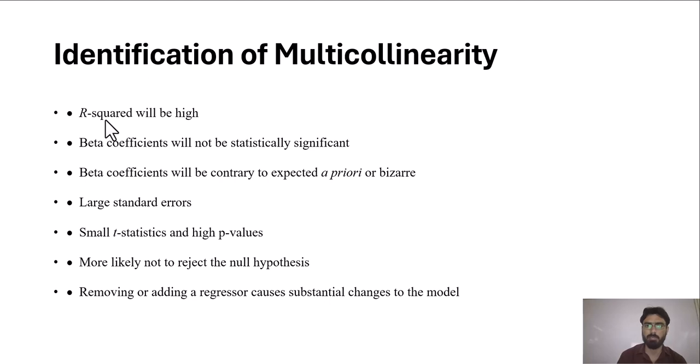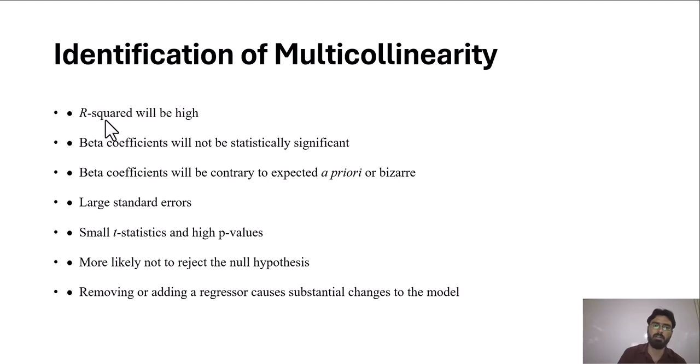So how is it possible that your variables are insignificant and your R square is high? If this is something in your results, it clearly indicates that there is an issue of multicollinearity in your data set.